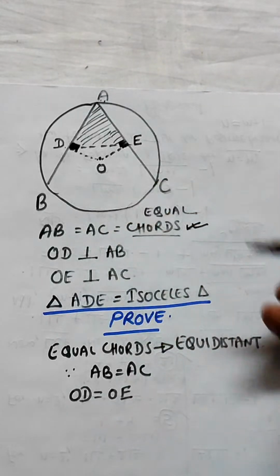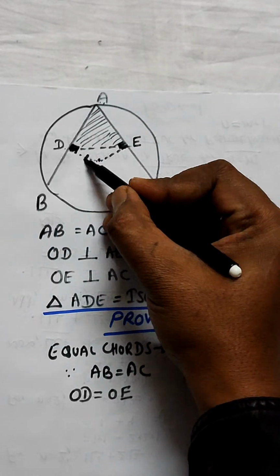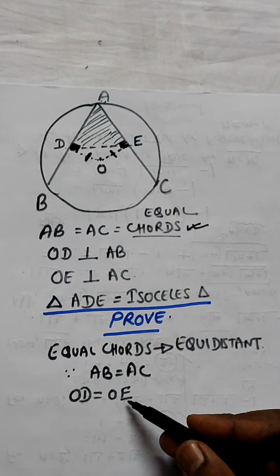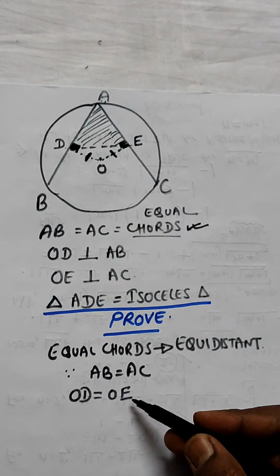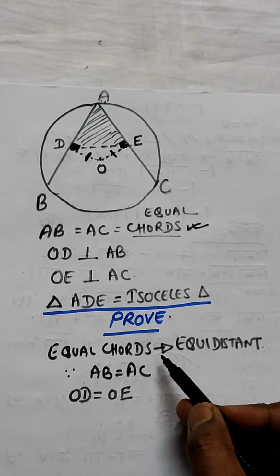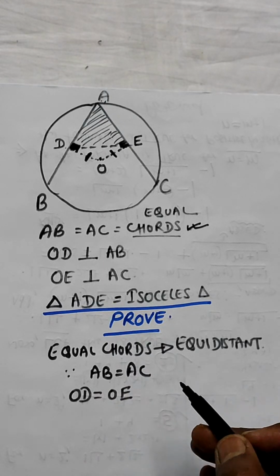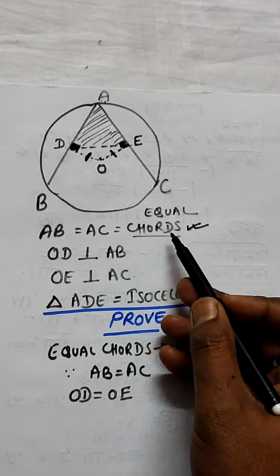So this we have identified by application of the theorem that equal chords are equidistant from the center in the same circle, right? And it's given that AB equal to AC. These are the equal chords.